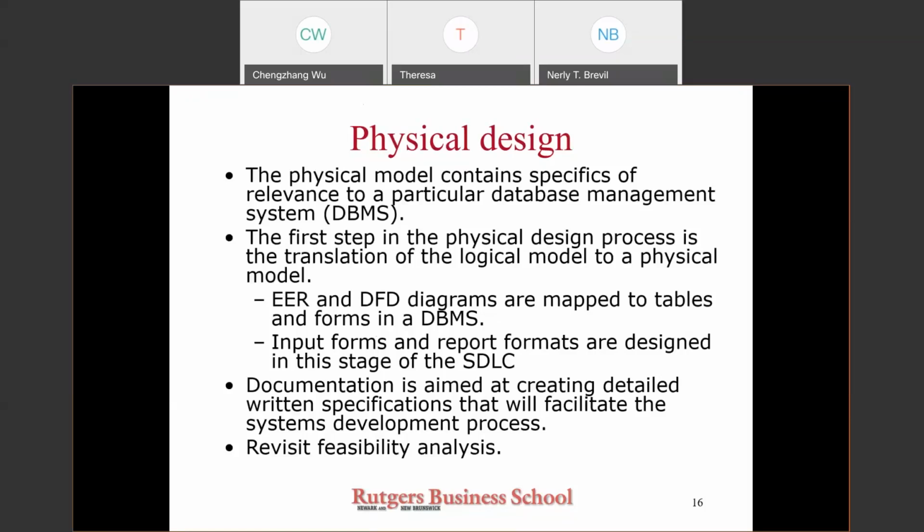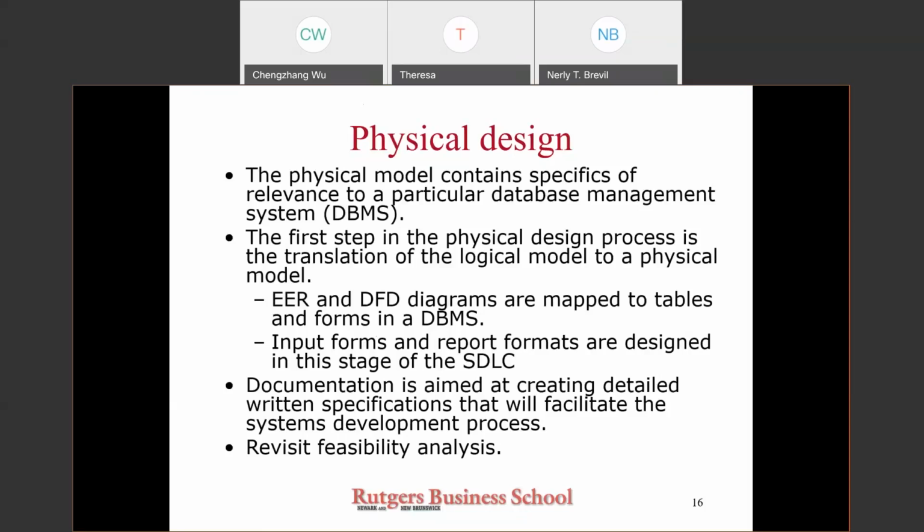The potential benefits are also easier to envision and quantify with the completion of the detailed design. So, the feasibility question is again asked: will the benefits of the system outweigh the cost of building the system?